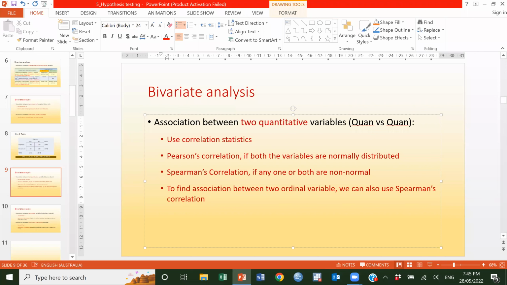However, it is said that this applies if the ordinal variables have more than 5 levels.